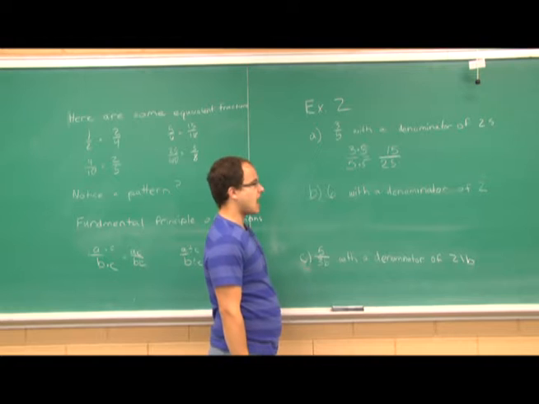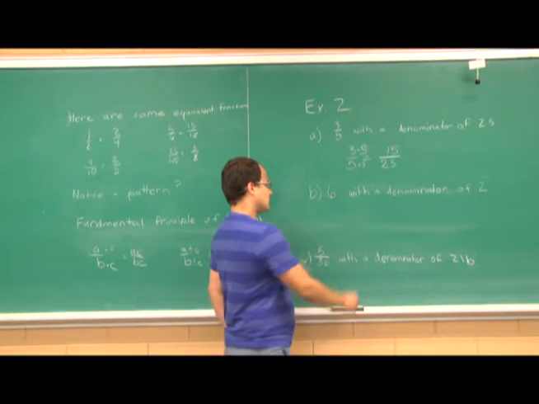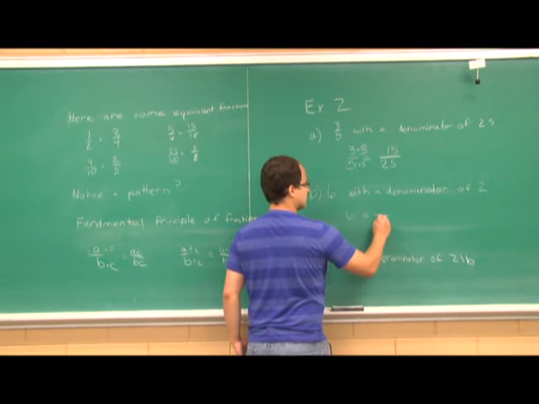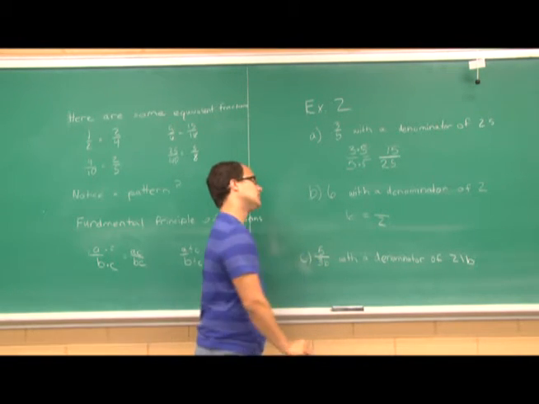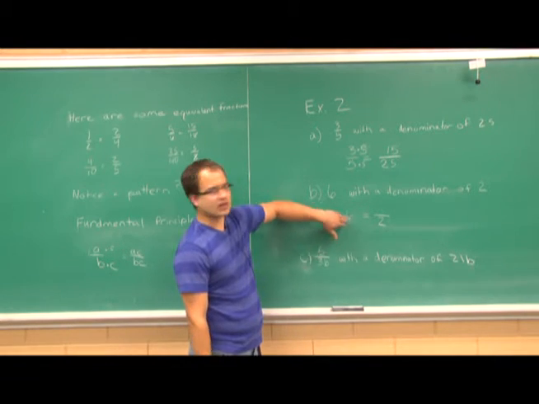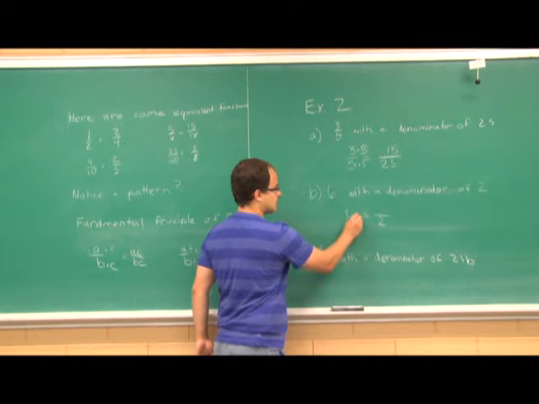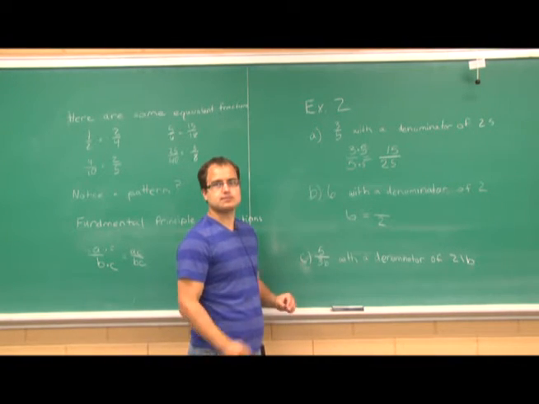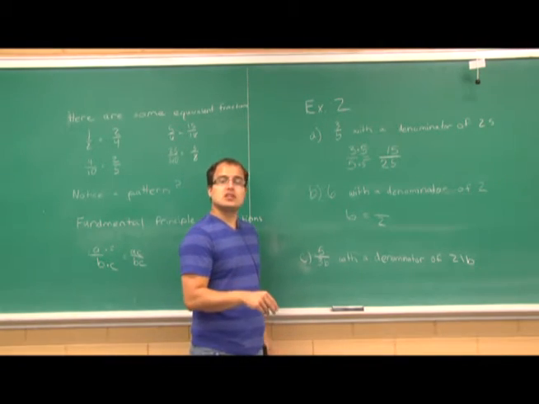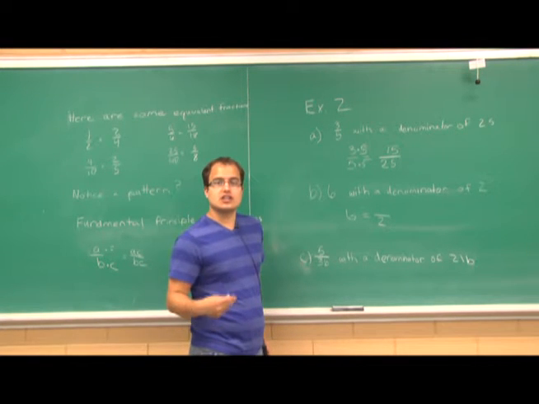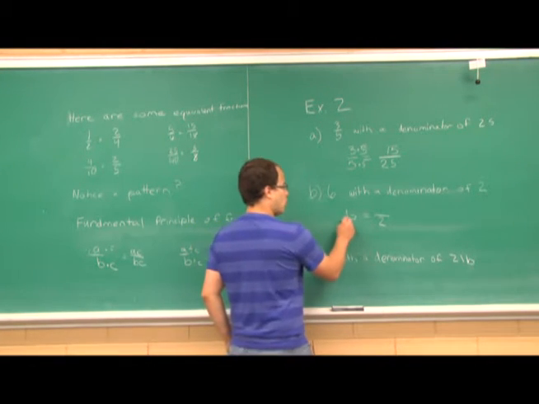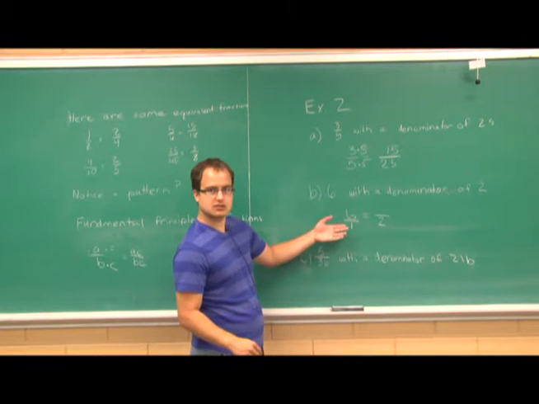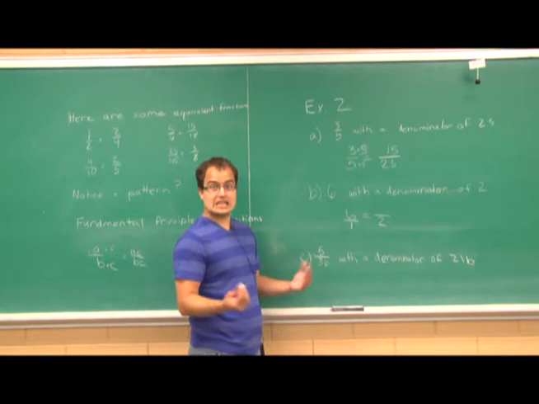Now 6 with a denominator of 2. Well, I know 6 is going to equal a fraction with a denominator of 2. But I don't have a denominator here. I only have 6. So how can I compare denominators like I did on the last one? Well, with whole numbers, the denominator is always assumed to be 1, because in a fraction this basically says 6 divided by 1, which is 6.